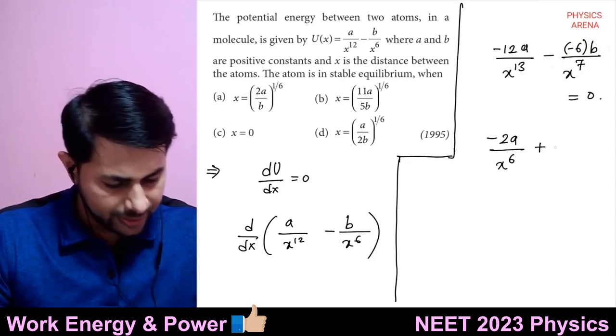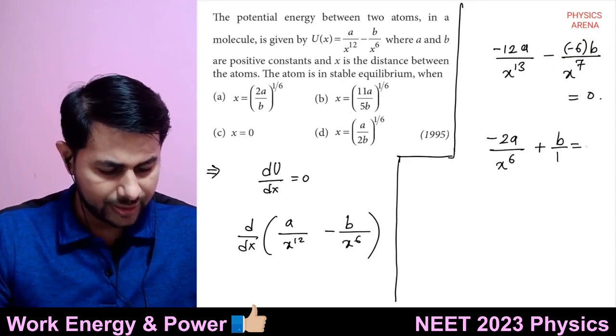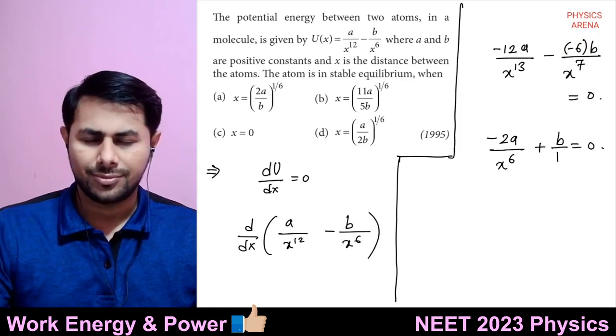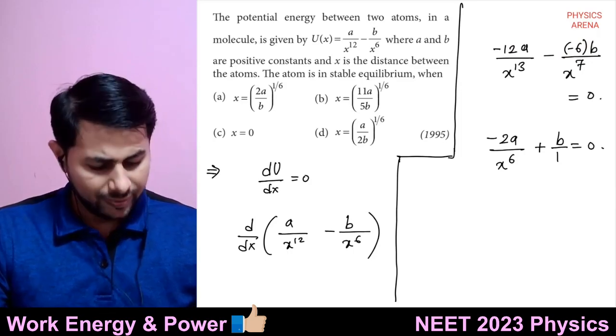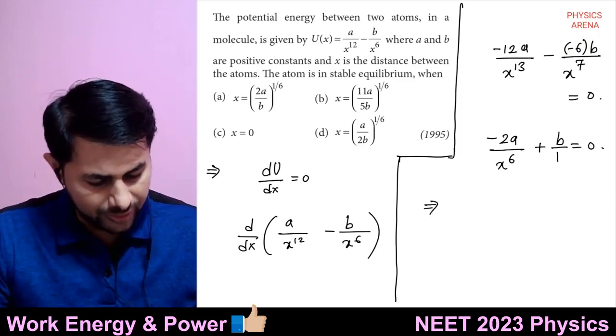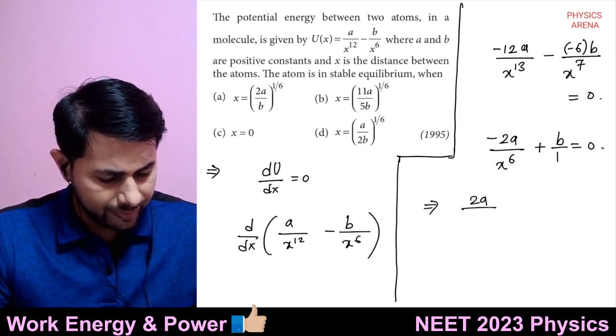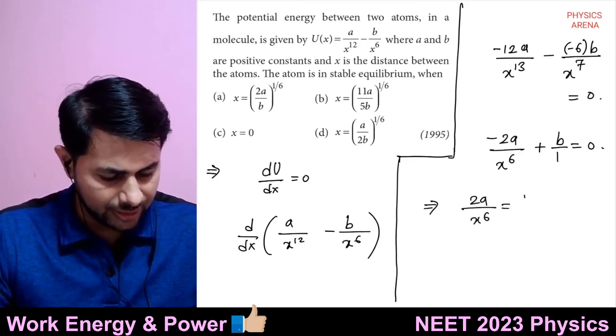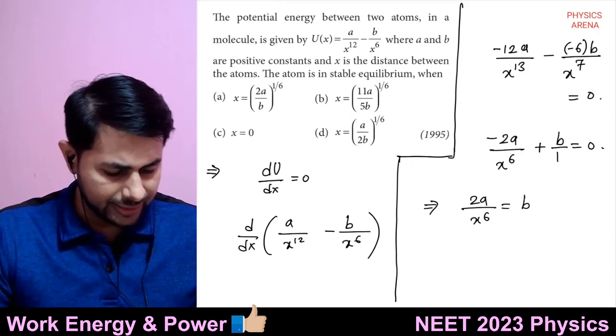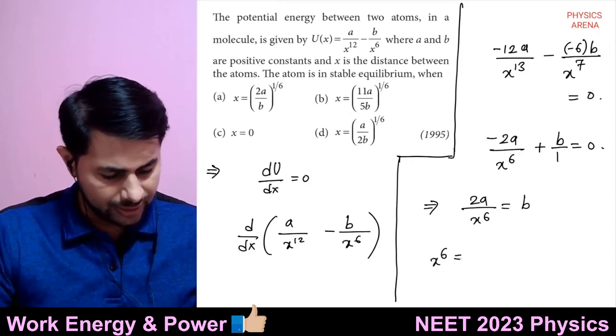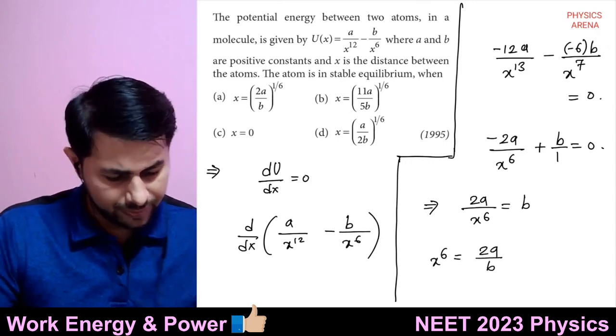Plus b upon 1 equals 0, right? Or you can say 2a upon x raised to 6 is equal to b, or x raised to 6 is equal to 2a divided by b.